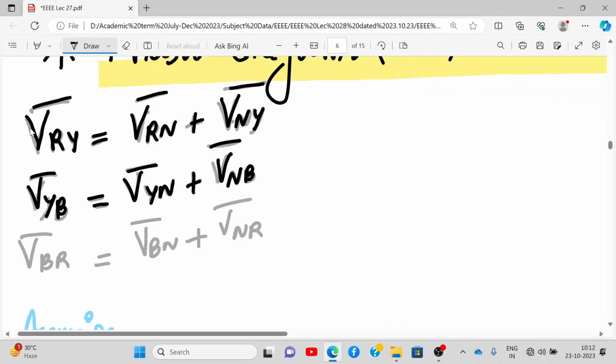VBR is equal to VBN plus VNR. You have written up till here. So it's an inductive load, and we have written the three line currents.